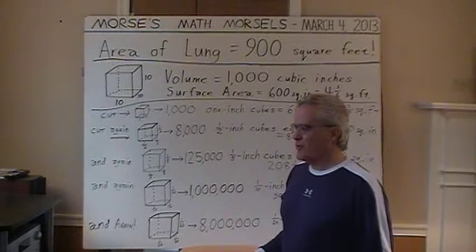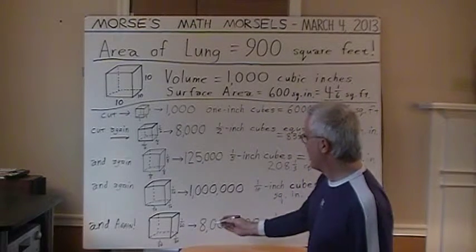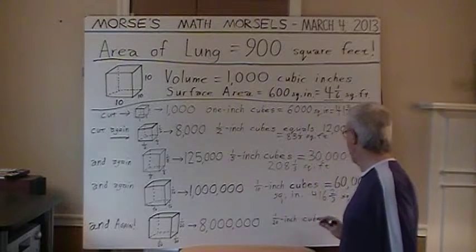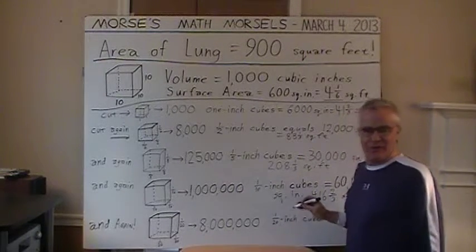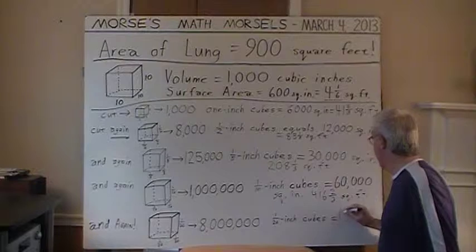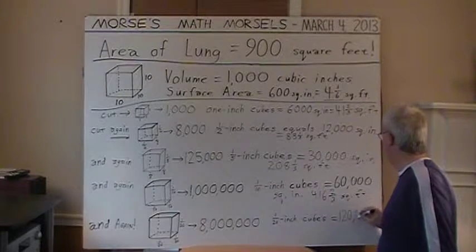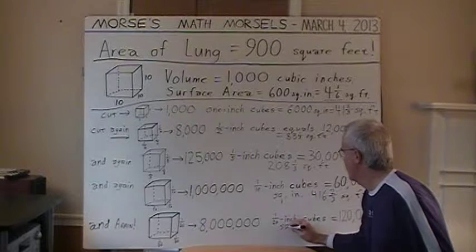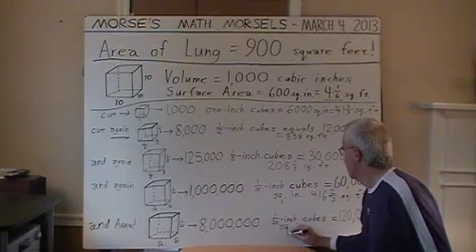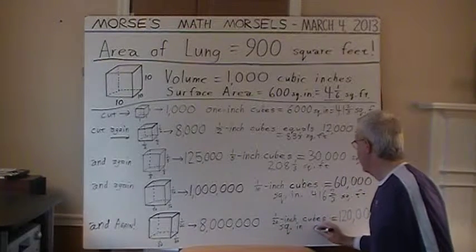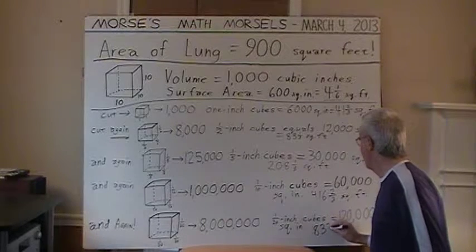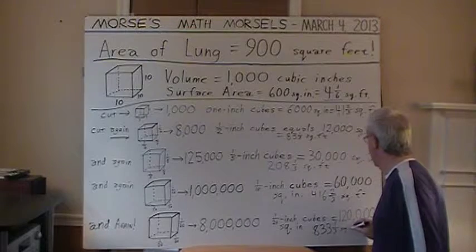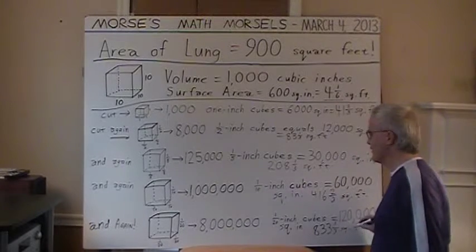Very tiny total surface area for one of those cubes, but with 8 million of them, that adds up to a lot of surface area, and that comes out to 120,000 square inches. Double the quantity just above. And that is hence 833 1/3 square feet. So we are finally getting up to the surface area of our lungs.